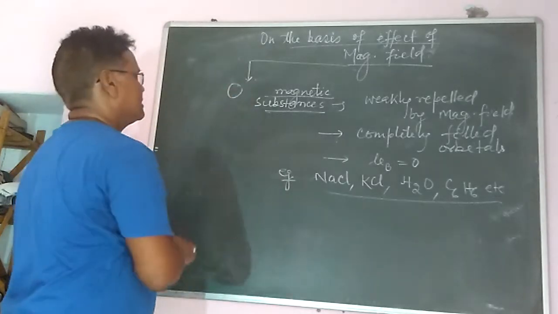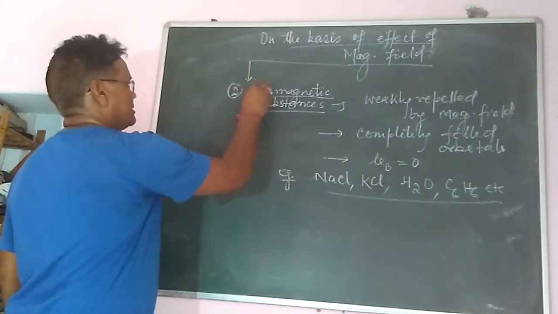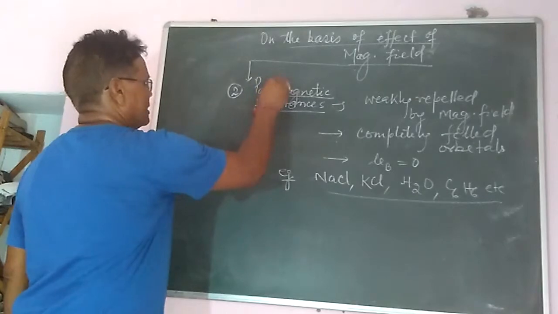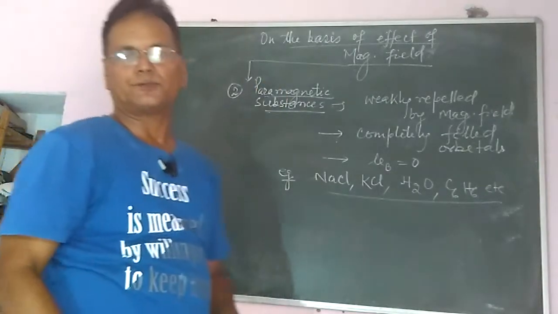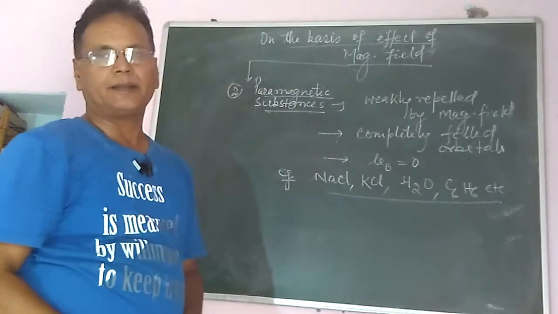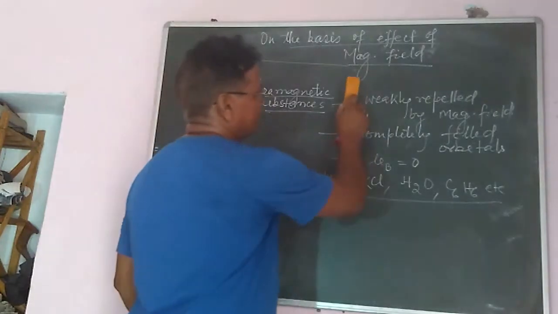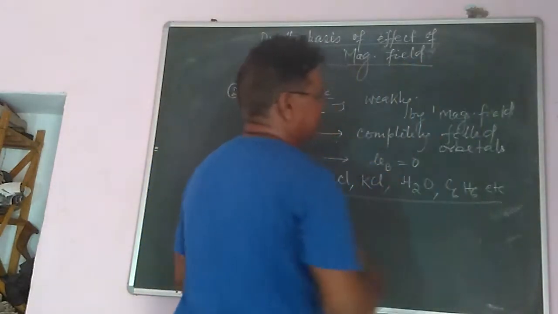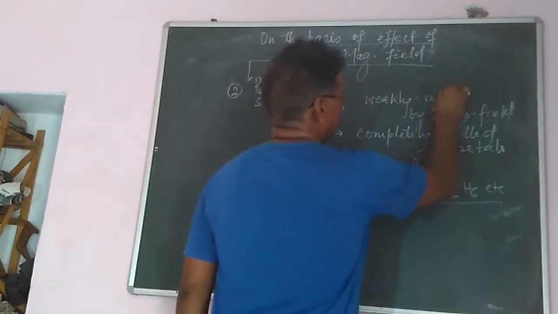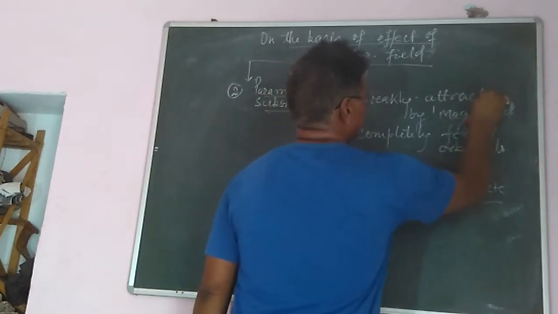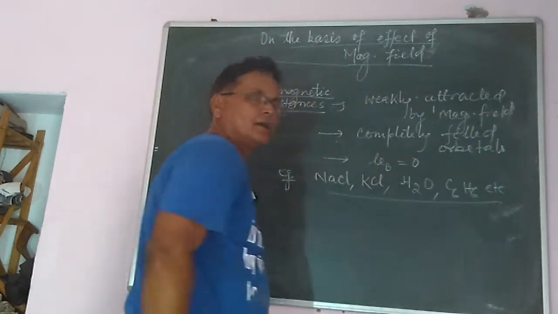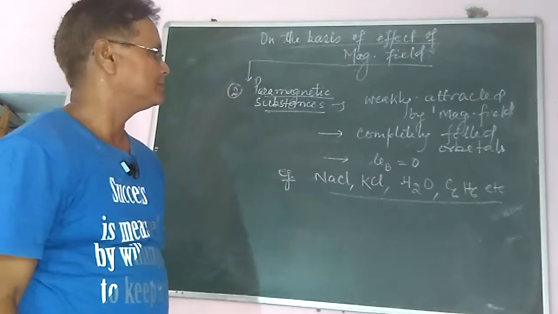Now the next type is paramagnetic substances. The second type is paramagnetic substances. In paramagnetic substances, just the opposite, the substance is weakly attracted by the external magnetic field.